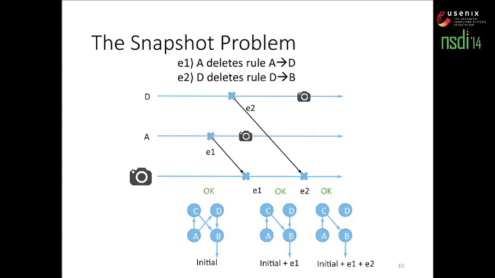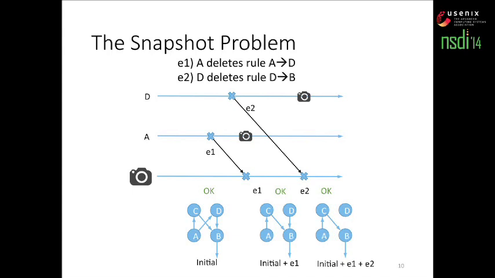Then it downloads the table from the router D, and then it learns the event E2. So locally, this checker can reconstruct the timeline by putting E1 and E2 on it, and it will learn the initial state, initial state plus E1, and initial state plus E1 plus E2. All these three states are okay.